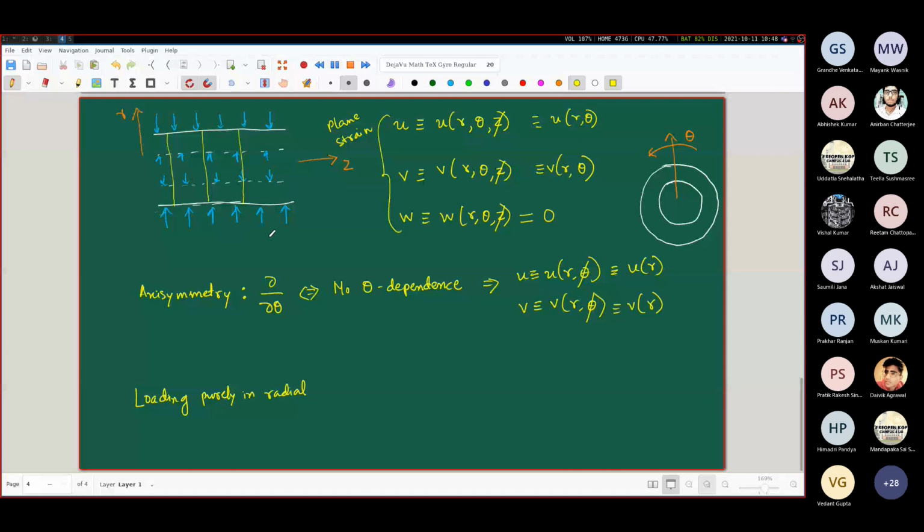The pressure is purely in the radial direction. What is the implication of this? Tell me. Again, we have discussed this earlier, but you tell me in the context of this thick wall pressure vessel again. The loading is taking place purely in the radial direction. What does it imply in terms of U and V?